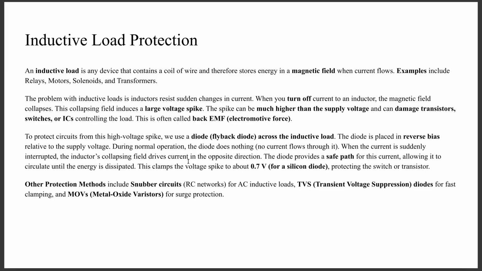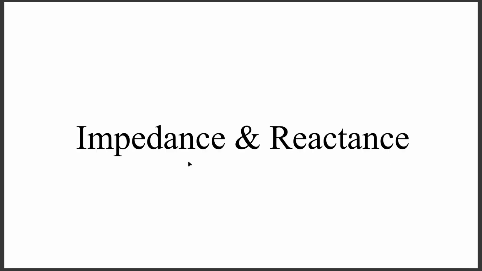The diode provides a safe path for this current, allowing it to circulate until the energy is dissipated. This clamps the voltage spike to about 0.7 volts, protecting the switch or transistor. Other protection methods include snubber circuits for AC inductive loads, TVS diodes for fast clamping, and MOVs for surge protection.